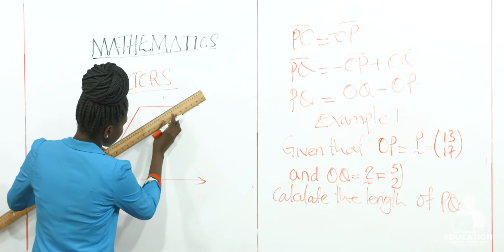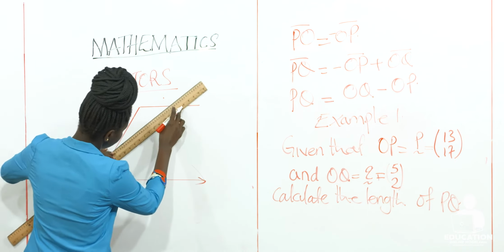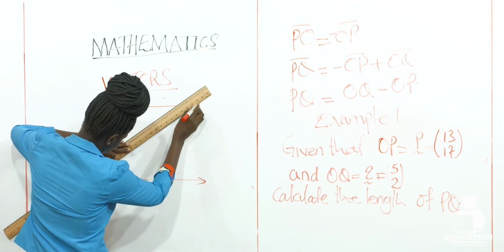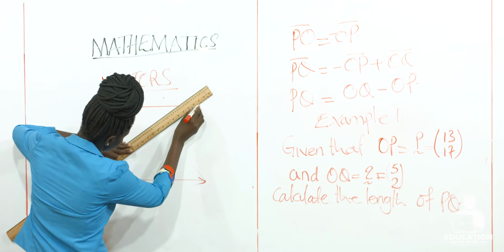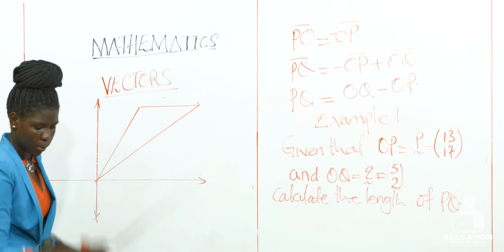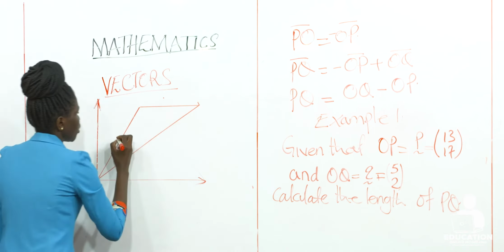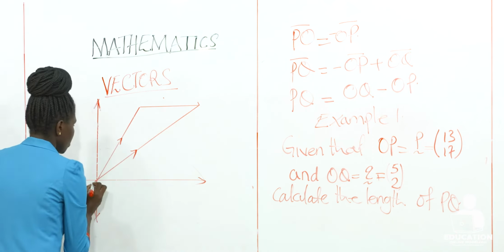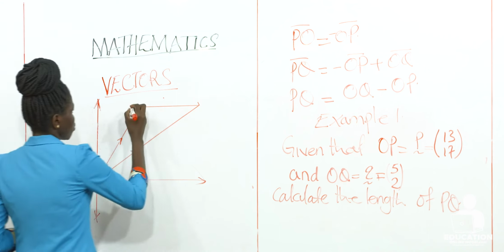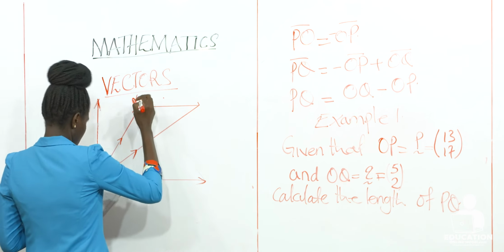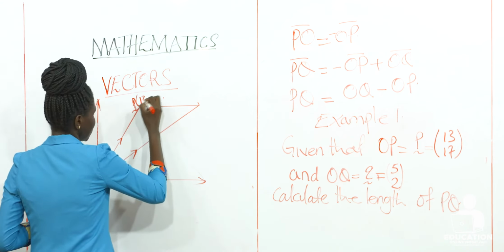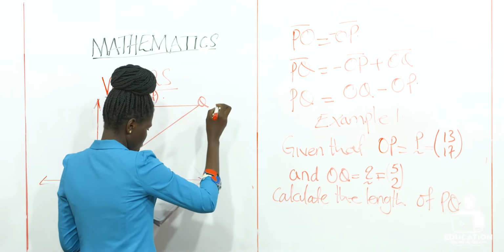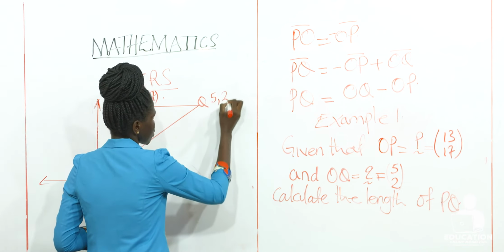Then we shall join this back to the origin. And we shall not forget our direction that tells us the movement. This will be O, the origin. Shall have here P, and the values of P are 13, 17. And inside we shall have Q, which is 5, 2.